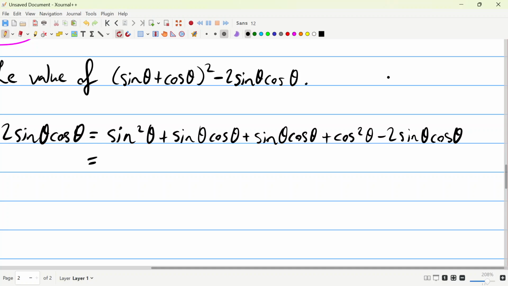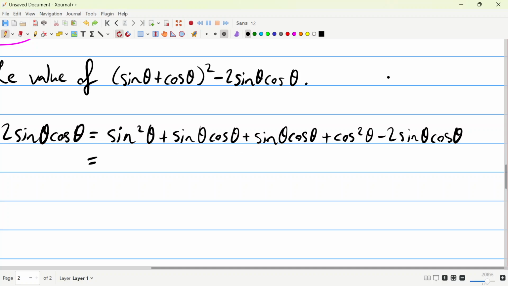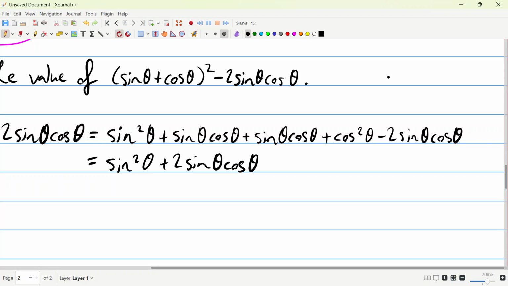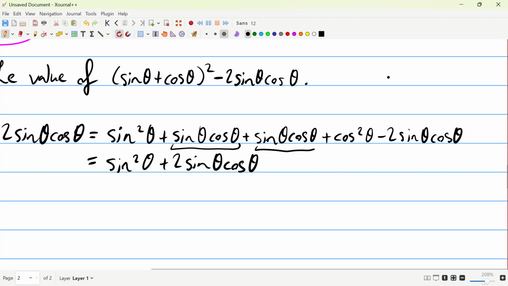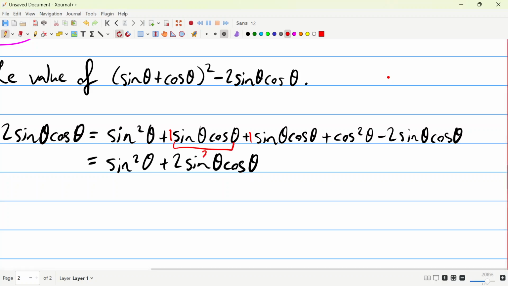Now, if we look at it this way, we have sine theta cos theta plus sine theta cos theta, so we're going to have sine squared theta plus 2 sine theta cos theta, because notice that these are like terms, and their coefficients are 1. So it's basically 1 plus 1, which is equal to 2. And obviously this is just our variable. You can actually rewrite this as x if you want to.